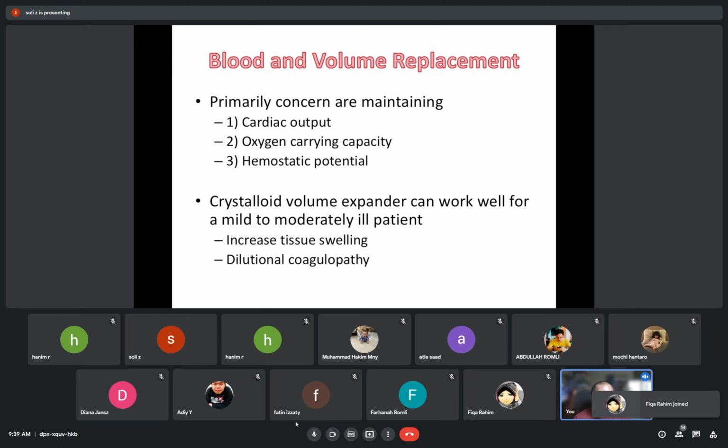So if you just give fluid, we also don't want to increase the BP unnecessarily, because it will dislodge the primary clot, then the patient tends to bleed more and lose more blood components. That's why it becomes a cycle.